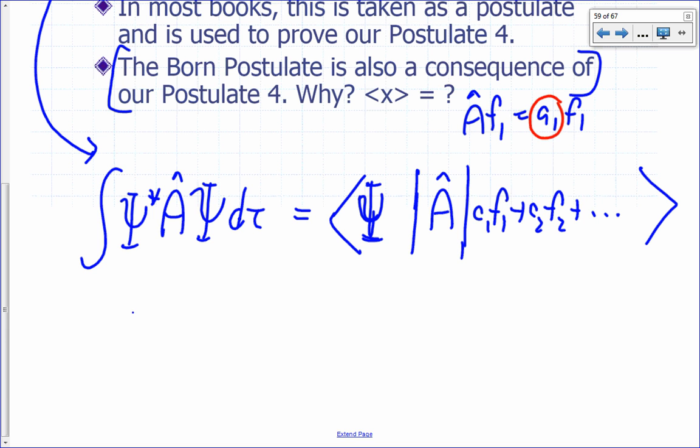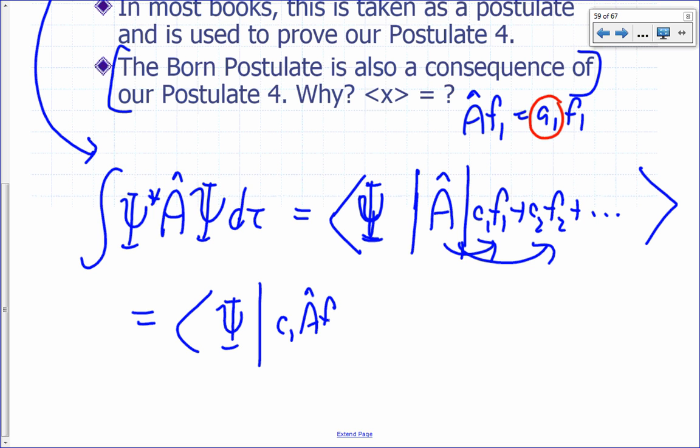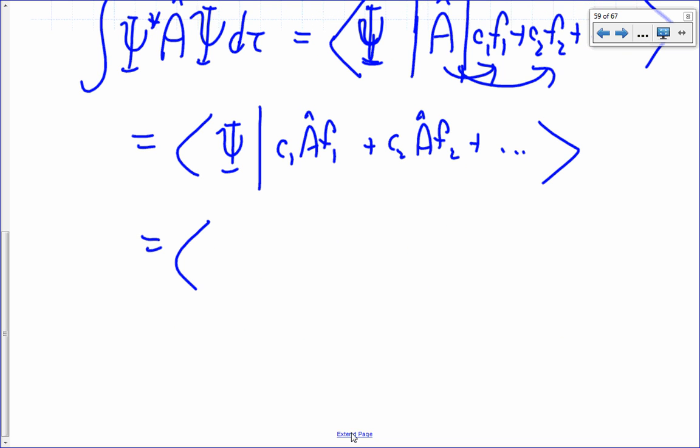All right. So now, what would this be? C1 A hat f1 plus c2 A hat f2 and so on, right? And what do we do next? Operate on all of them.